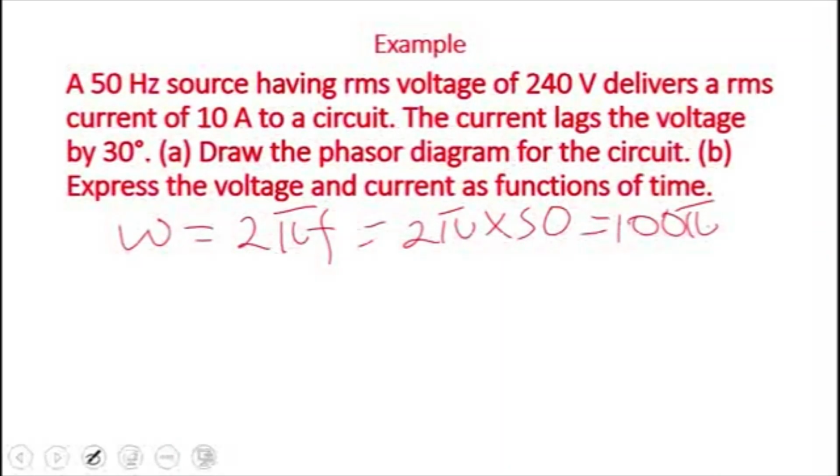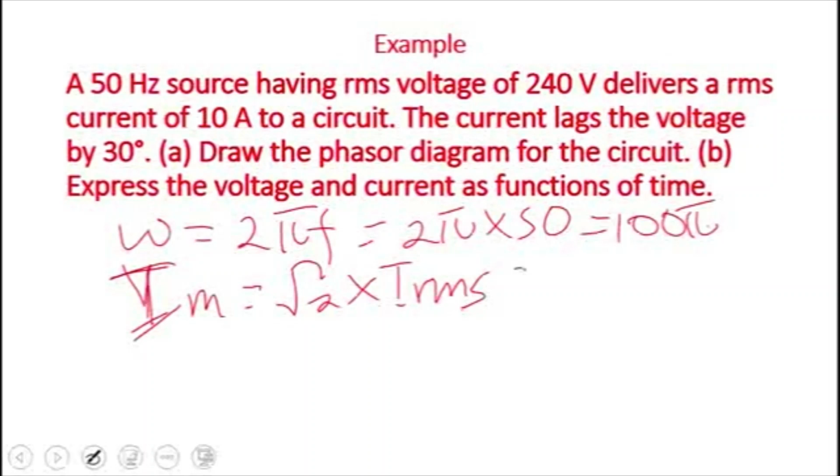And we also know that Im, in this case we are considering the current, is root 2 times I RMS, and that will give you root 2 times 10, so that's just 10 root 2. So we have our Im, and the next thing we are going to look for is the phase shift, the angle between them, which is 30 degrees.